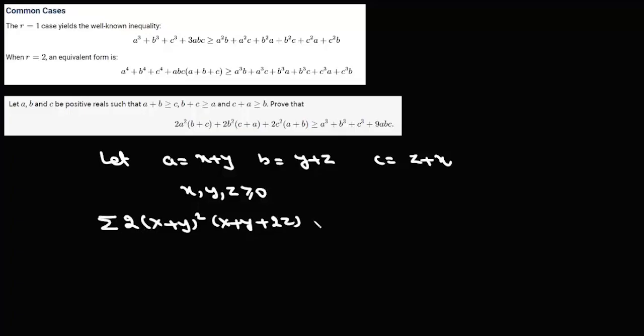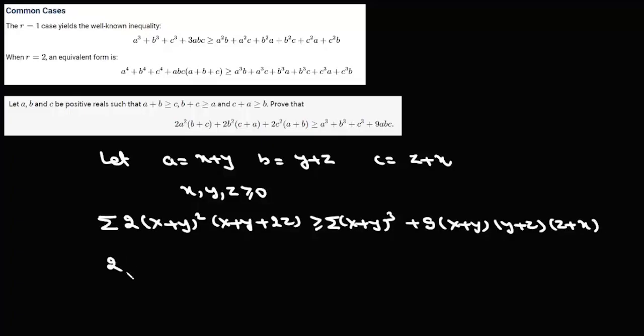This symmetric sum will be greater than or equal to the symmetric sum of x³, and the symmetric sum of (x+y)³ plus 9 times (x+y)(y+z)(z+x).